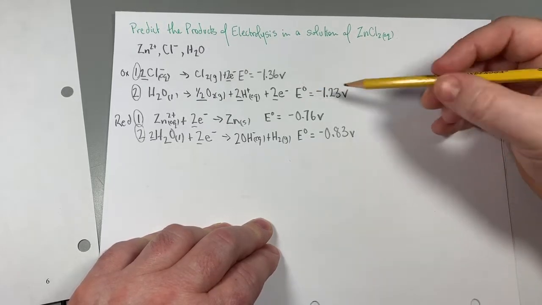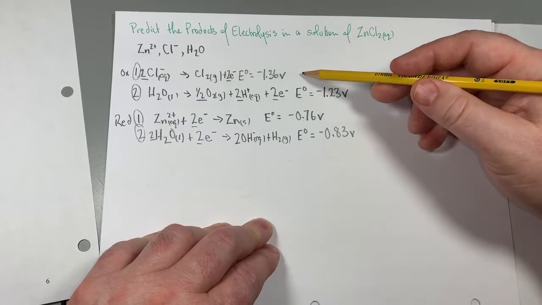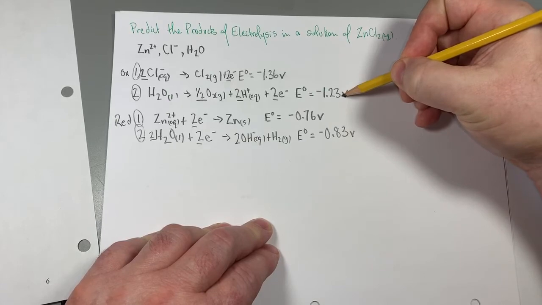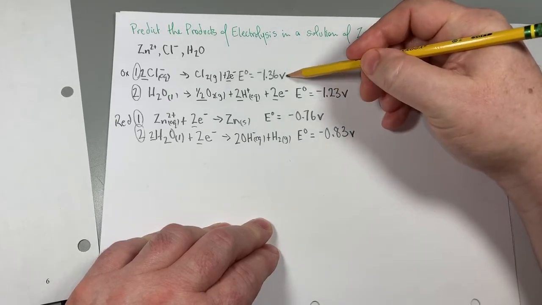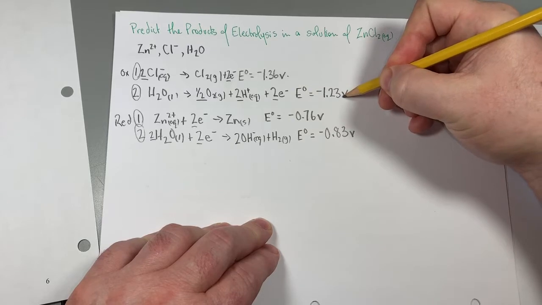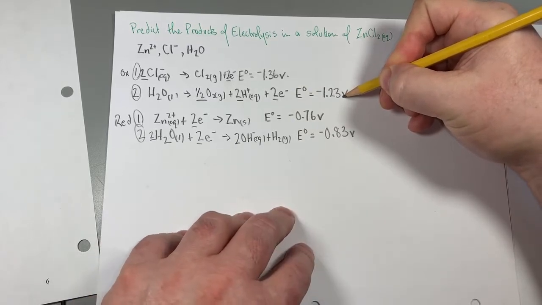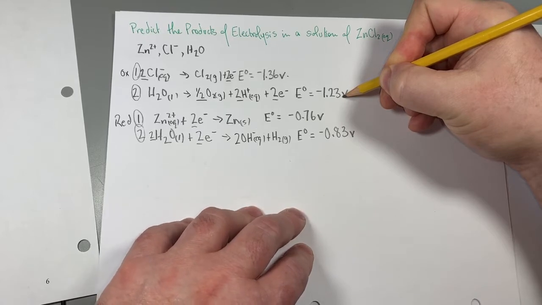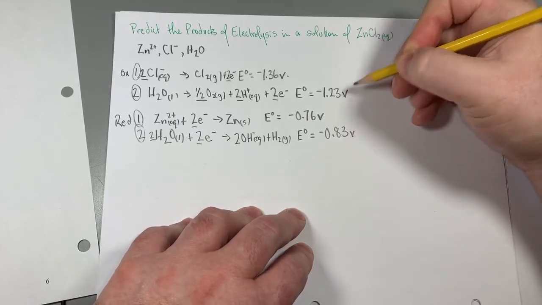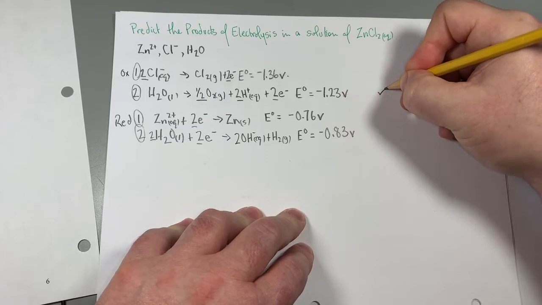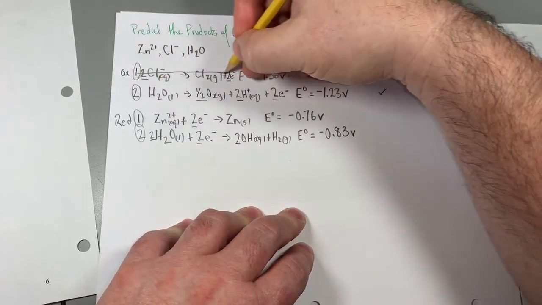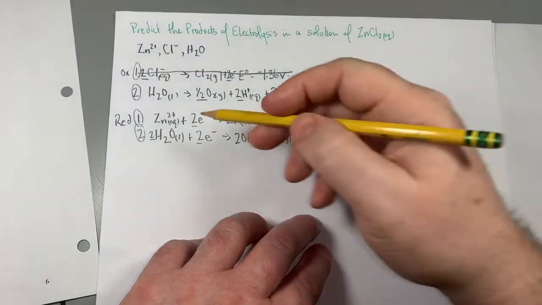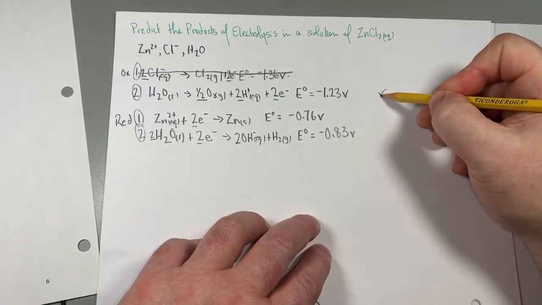For the 2 oxidation reactions, we have negative 1.23 or negative 1.36. This one's further right on the number line. It's a smaller amount in terms of magnitude that has to be provided. This is the reaction that will happen first. So although chloride ion is present, it's not oxidized. It's actually water that gets oxidized.